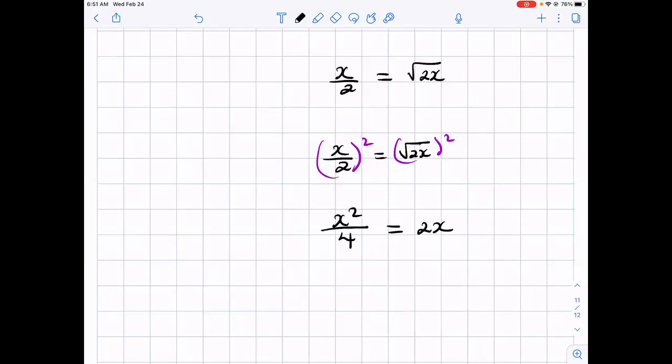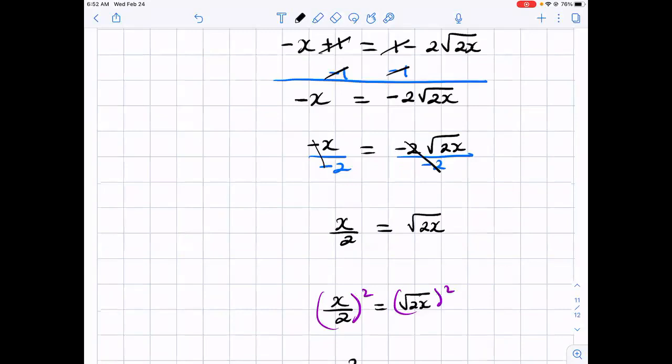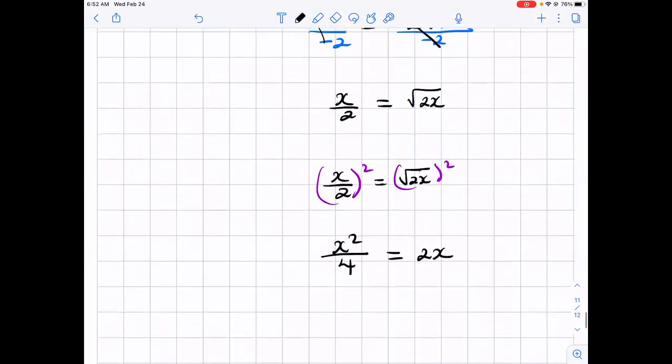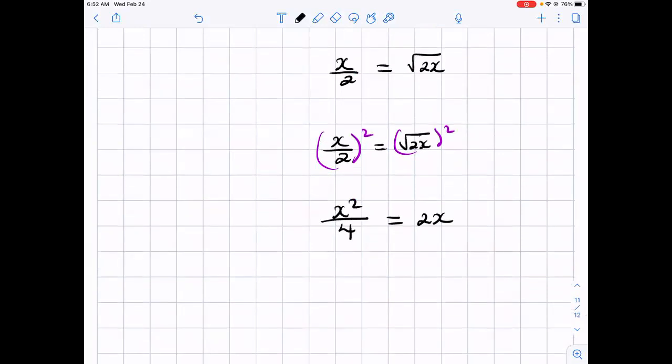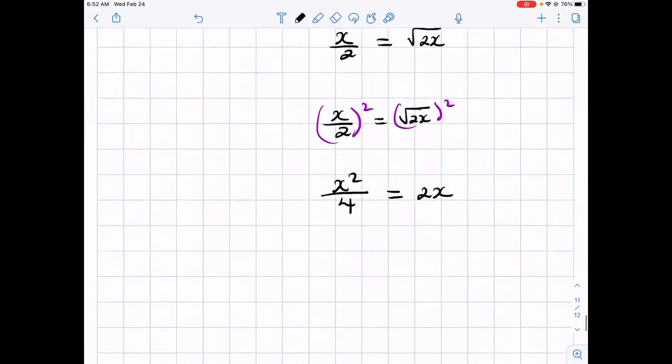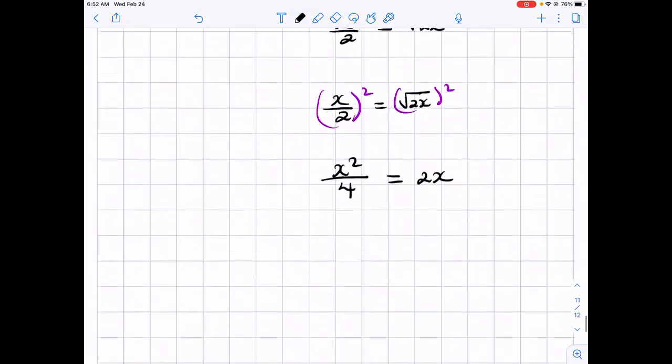X squared over 4. Now, you have a fraction here, and to get rid of the fraction, you can multiply both sides by 4.